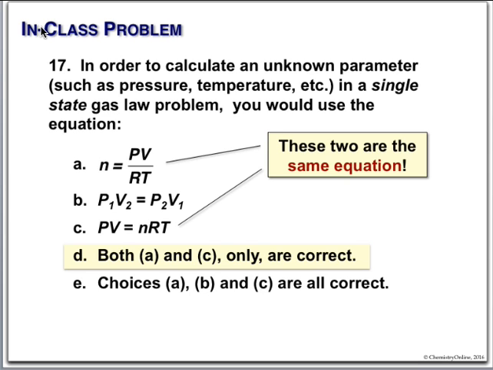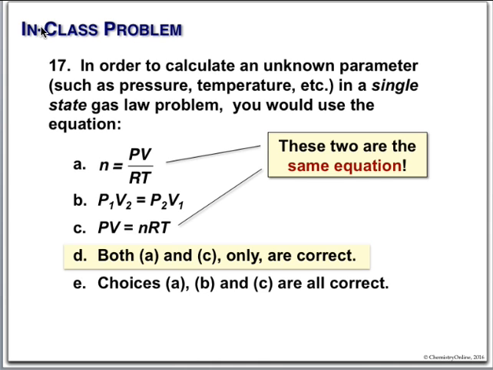If you don't see that, just take this equation, multiply both sides by RT, so it cancels on this side. We have RT in PV, same thing, except backwards. Any questions?